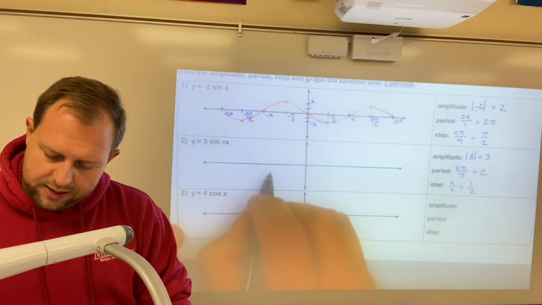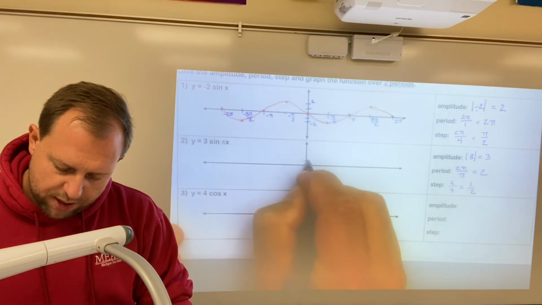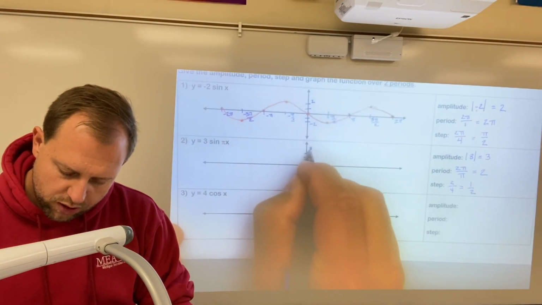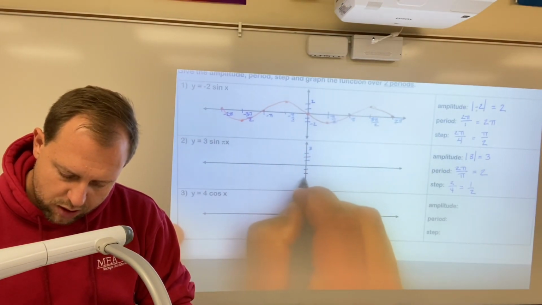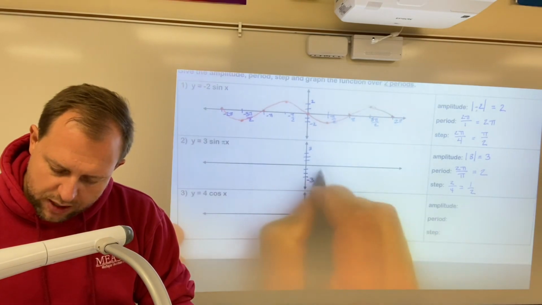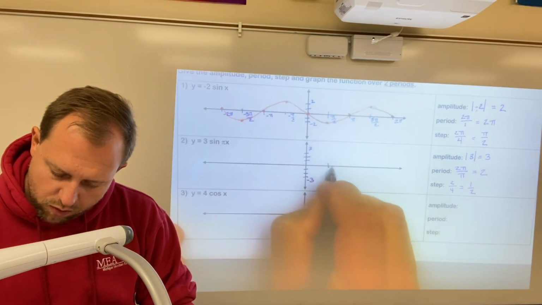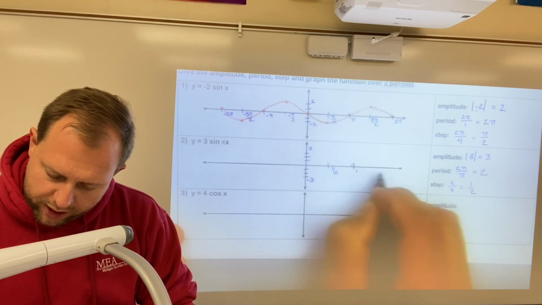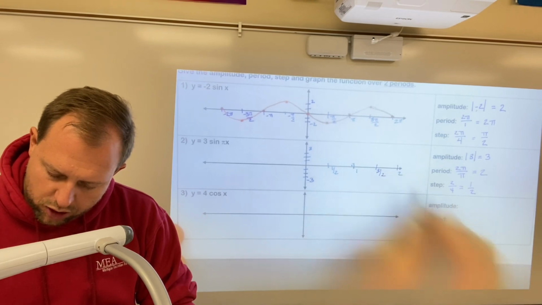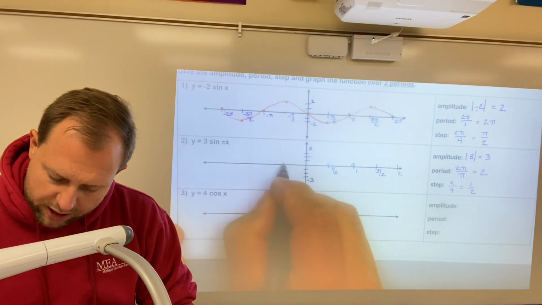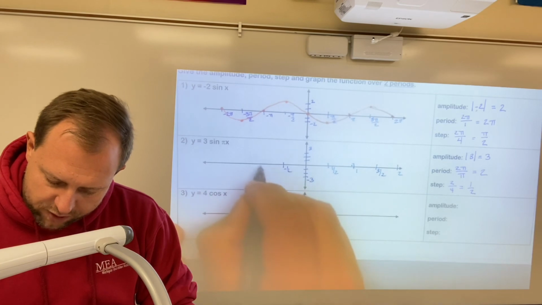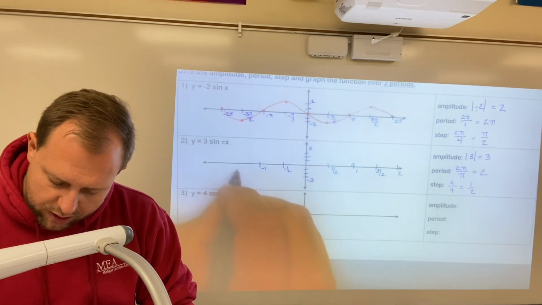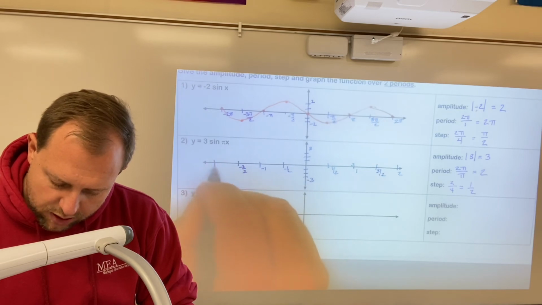So that means our amplitude goes up to 3 and down to -3, and our steps are at 1/2, 1, 3/2, 2, and the same on the negative: -1/2, -1, -3/2, and -2.